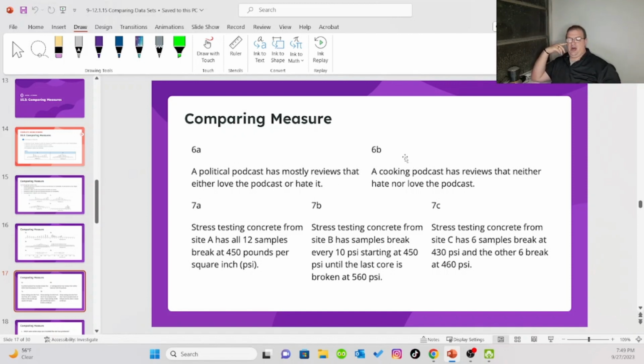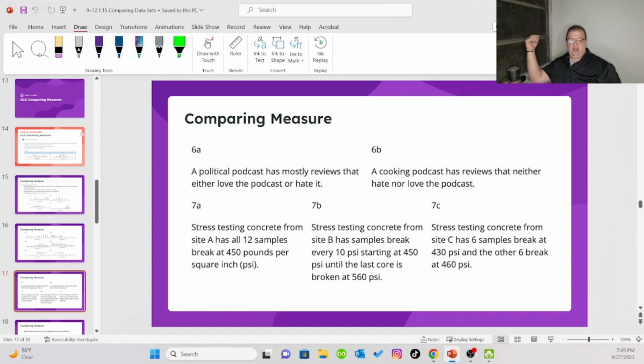6B is a cooking podcast that has reviews that neither hate nor love it. So people are kind of in the middle somewhere. So that is going to be more of a bell-shaped symmetrical with the dots centered in the middle. So now both of those would be symmetrical.